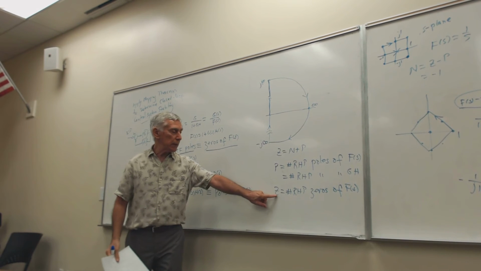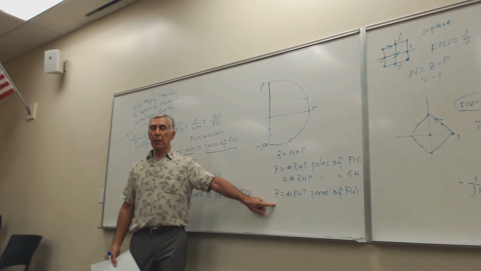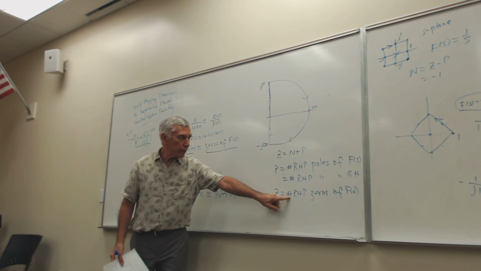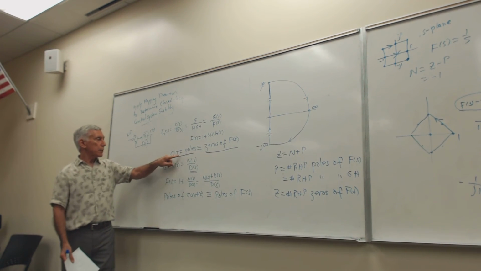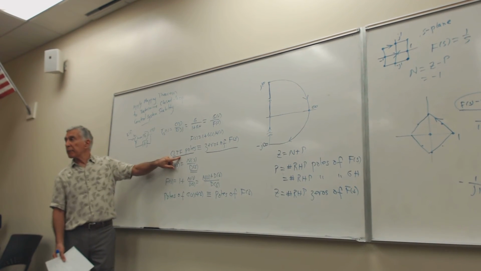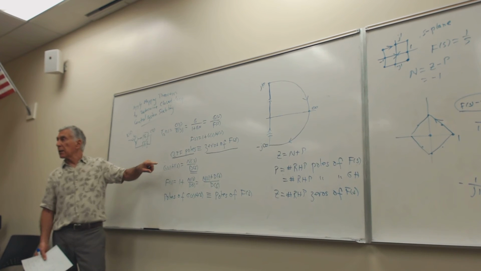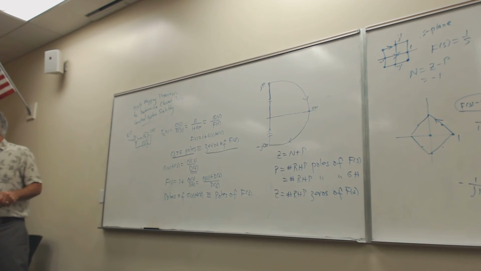What do we want Z to be equal to? That's the question. What do we want Z to be equal to? The number of right half plane zeros of F of s, same as the number of right half plane closed loop transfer function poles.